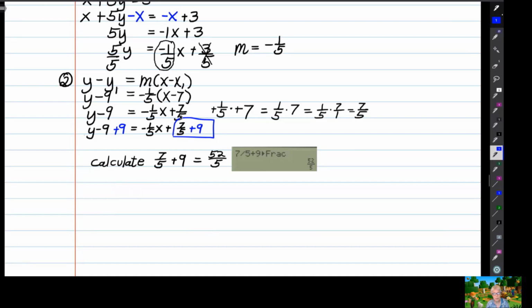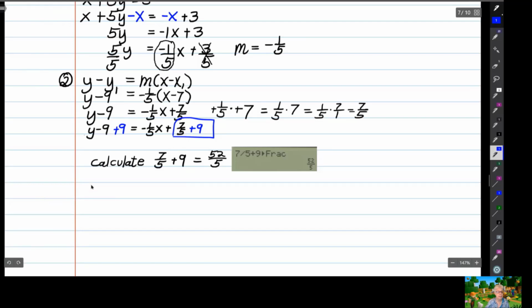Well, I can show you how to do this by hand, but you can do it on the calculator too, much more easily. So let's do it. This is the TI-84 Silver Edition, and I highly recommend it. There's also a color one, but it's a lot more expensive. 7/5 plus 9. What is 7/5? It's 7 divided by 5.